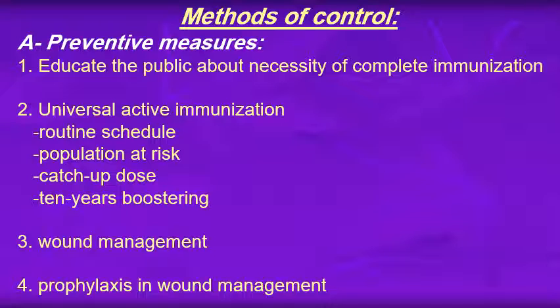We clean it with any antiseptic or any detergent, even soap and water may be enough if there is nothing else available. If there is H2O2 hydrogen peroxide, this will be perfect. We remove any dirt, because the spores are usually in the soil or in the dirt. We remove any foreign body, and we irrigate the wound with water and soap or any detergent.